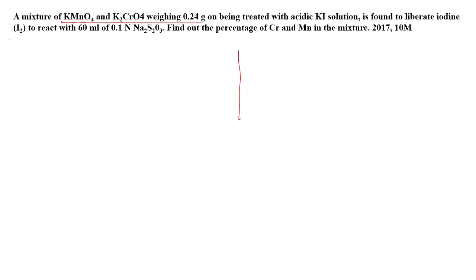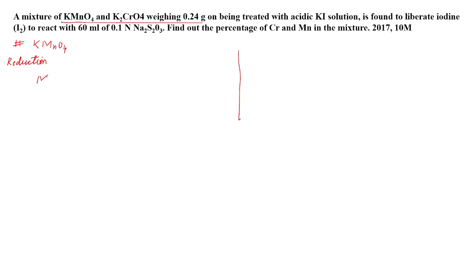So first we are going to use the KMnO4. I am removing this K for making it slightly simple, and this KMnO4 is reacting with I negative and liberating iodine. Okay, first I am going to use the reduction half reaction.